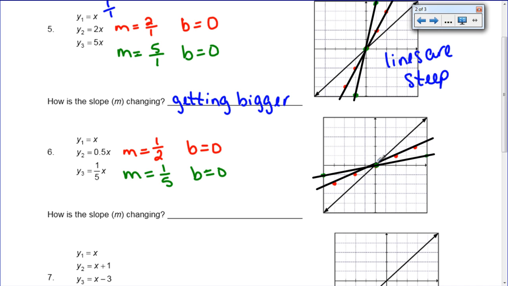Here is the third line. It's this less steep one, the shallowest line that's on there. How was my slope changing? It went from a 1 over 1 to a 1 over 2 to a 1 over 5. Well, that means that my slope is getting smaller. I am decreasing the slope, and when I decrease the slope, hopefully you noticed that my lines are now less steep.